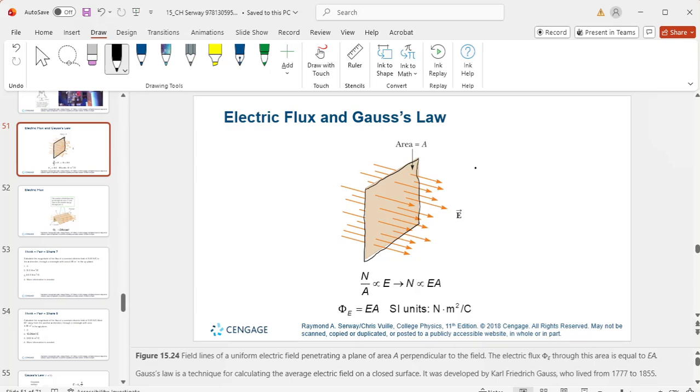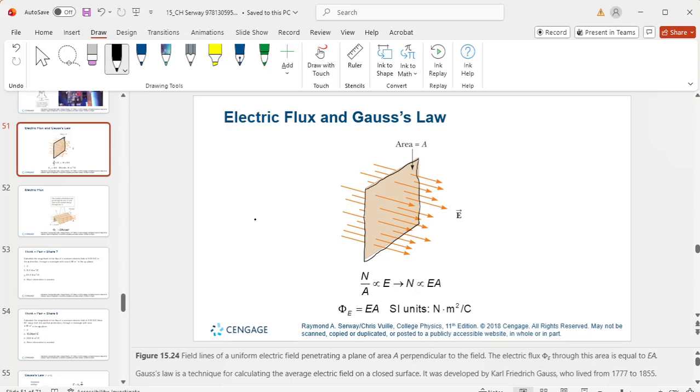And in reality, in most situations, it'll be some sort of complicated collection of charges. All I care about is that there is some collection of charge somewhere, and it's generating this field. And I'm trying to evaluate something about this field by measuring how much field is captured by some area. That's the entire idea.